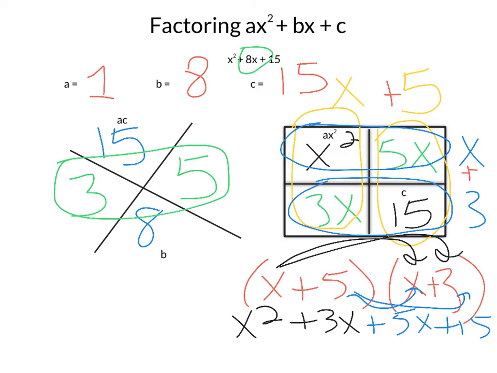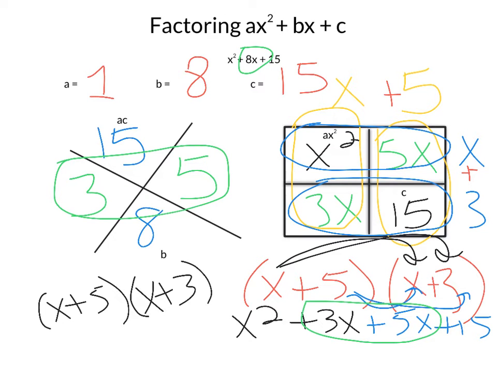I can combine my two middle terms, 3x and 5x, to get 8x, so it does multiply to my original expression. Therefore, x squared plus 8x plus 15 factors into the binomials of x plus 5 and x plus 3.